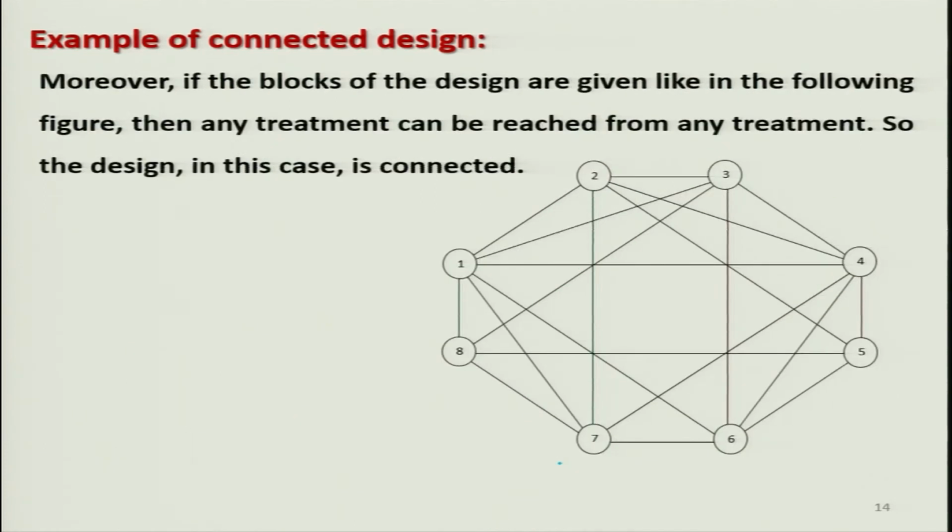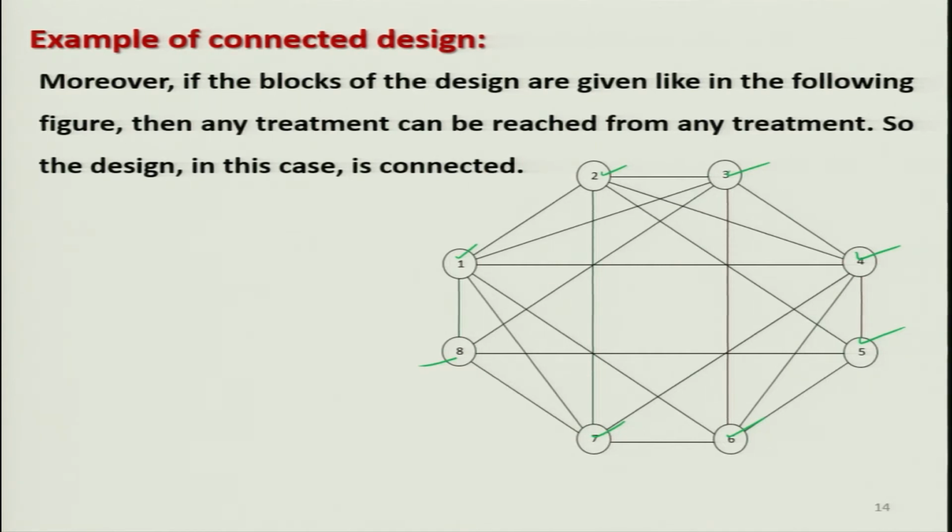Now, I try to create an example where the design is connected. You can see here we have treatments number 1, 2, 3, 4, 5, 6, 7, 8. If you want to reach from any treatment to any treatment, you can always reach.